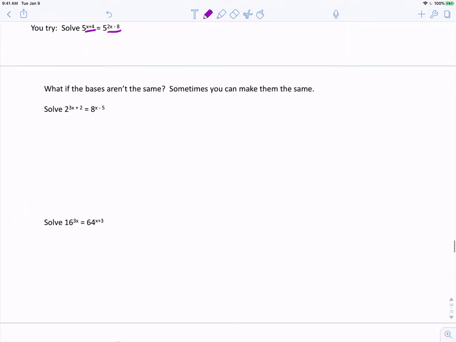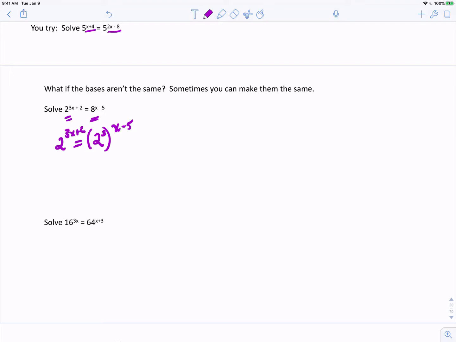So what if the bases aren't the same? Well, sometimes you can make them the same. For example, solve 2 to the 3x plus 2 equals 8 to the x minus 5. Now we notice that the bases are not the same, but 8 is the same as 2 cubed. So we have 2 to the 3x plus 2 is equal to 2 cubed to the x minus 5.